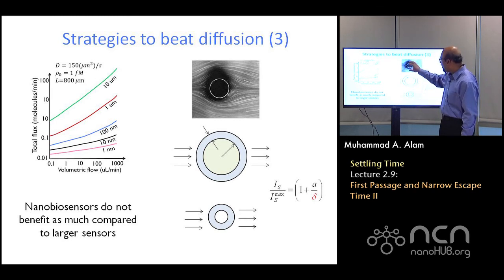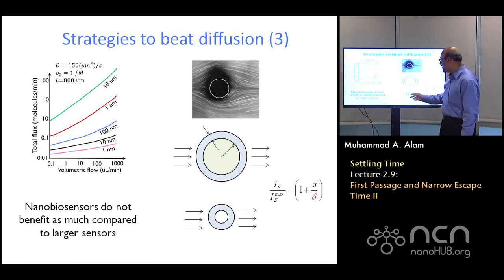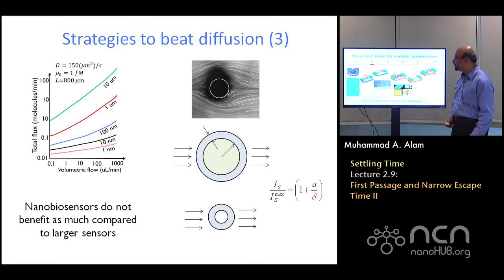If you have a larger radius and a smaller stagnant layer delta, then you get a big enhancement, because the molecules only have to diffuse through this very small stagnant layer compared to a very large sensor. But when you go to a nanoscale sensor, that doesn't help very much, because delta is comparable to A, so you don't get as much. That is why the flow doesn't help you as much.